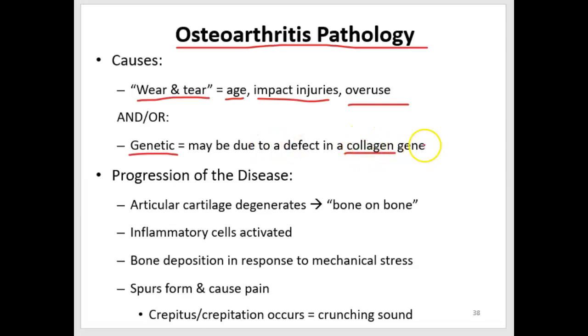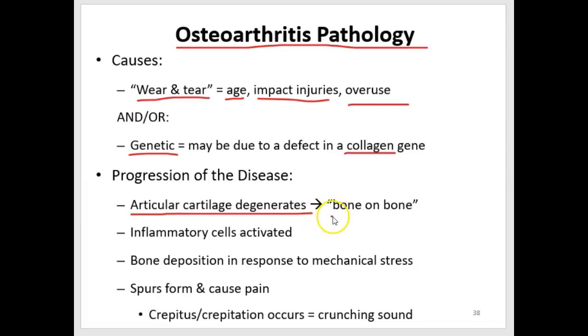And if someone has a defect in a collagen gene, then those tissues would not be as strong and be more prone to normal wear and tear, causing destruction of joint tissue. So typically the way the disease occurs is that articular cartilage degenerates.